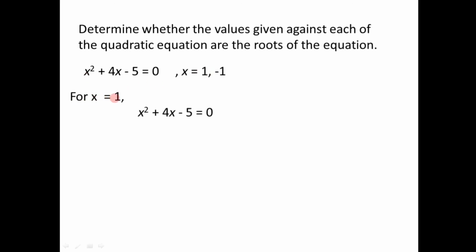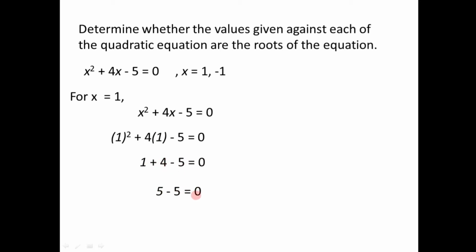So for x is equal to 1, the equation x squared plus 4x minus 5 is equal to 0 will become 1 squared, plus 4 into 1, minus 5, is equal to 0. So 1 squared is 1, 4 into 1 is 4, minus 5, is equal to 0. 1 plus 4, that's 5, minus 5, is equal to 0.